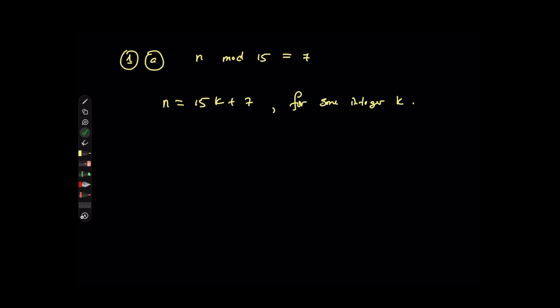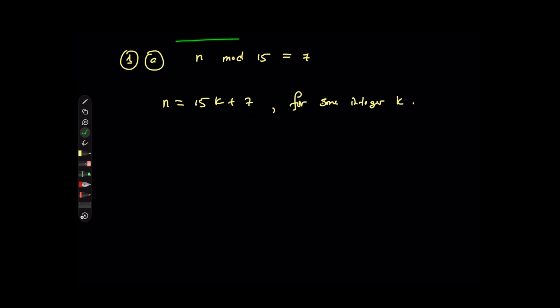But since we only care about the remainders mod 15, I can replace n in the question that they ask us, which is 4n squared plus 3n, with anything that has the same remainder.